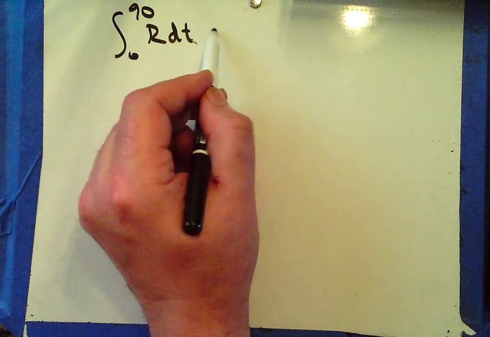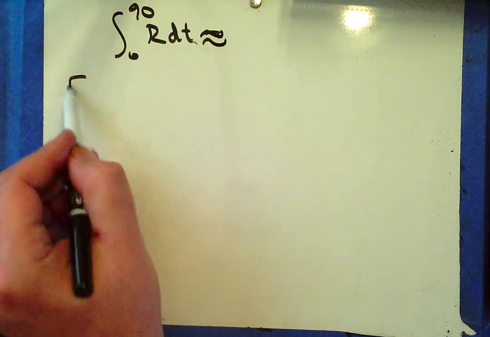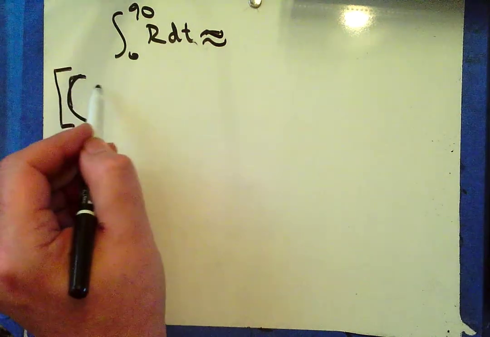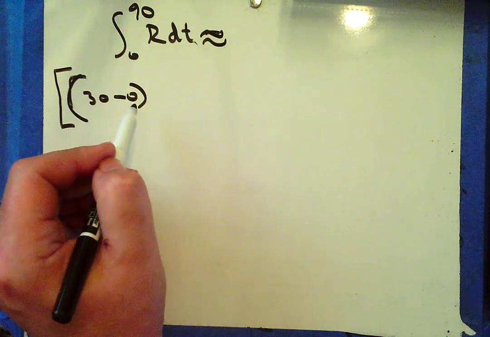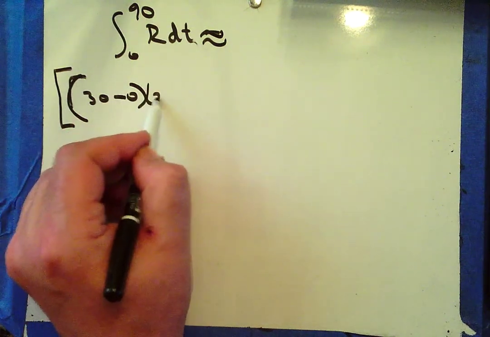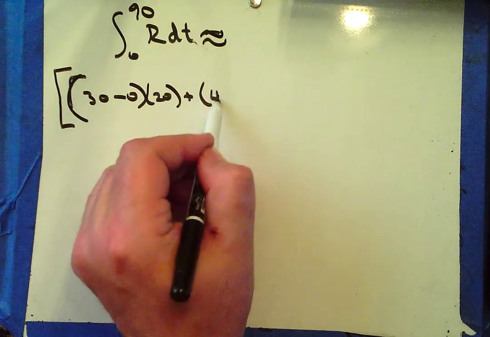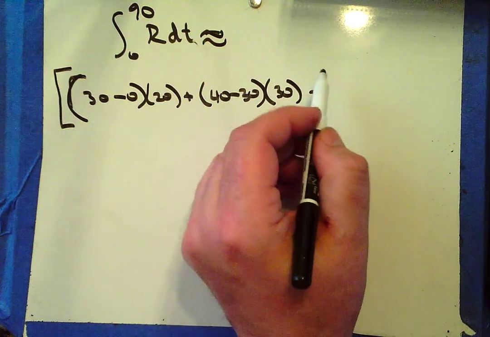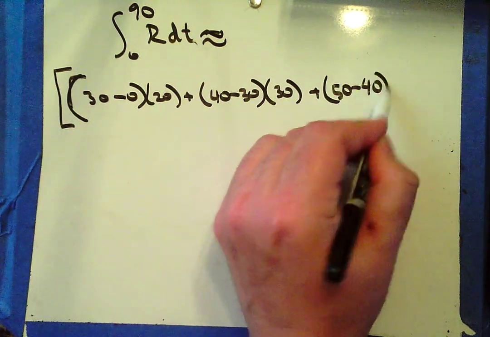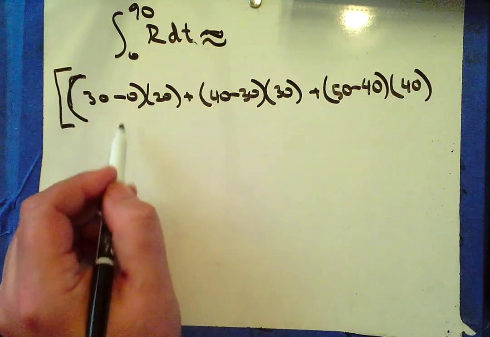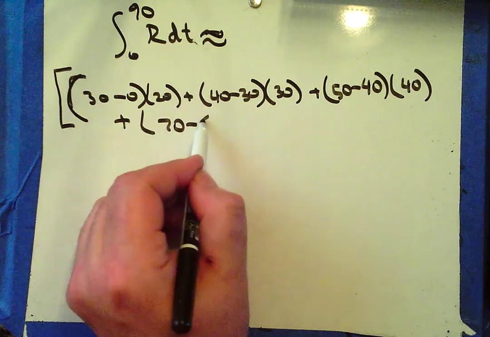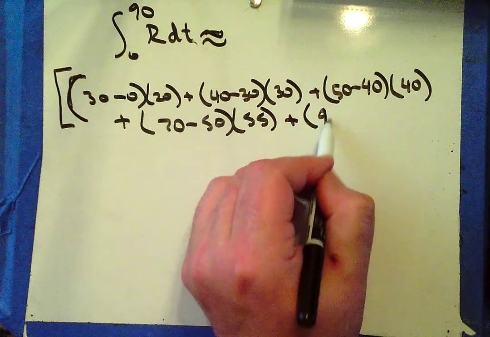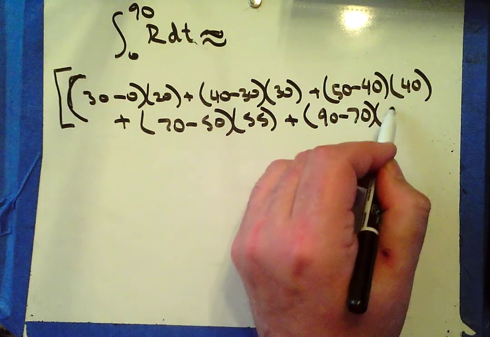I'm just going to say that this is approximately 30 minus 0, and we're doing a left Riemann sum, so I want the first number, times 30, plus 40 minus 30 times 30, plus 50 minus 40 times 40, plus 70 minus 50 times 55, plus 90 minus 70 times 65.